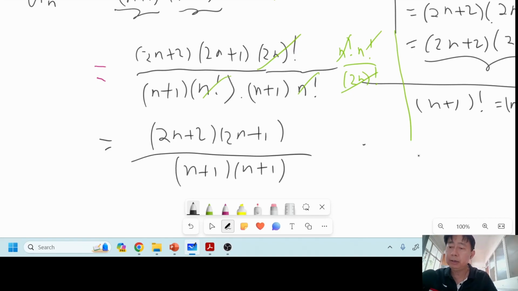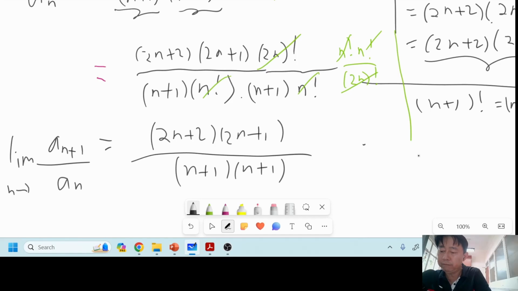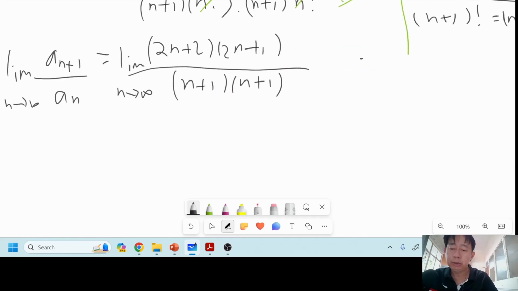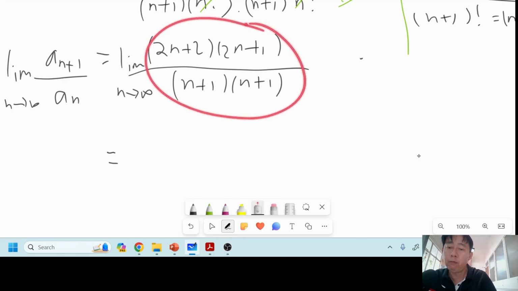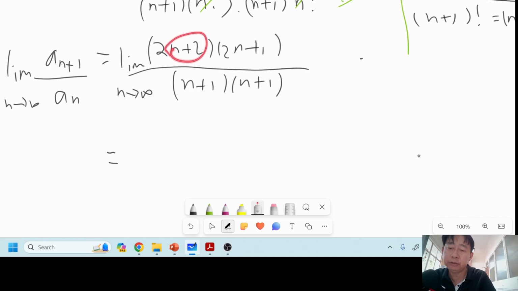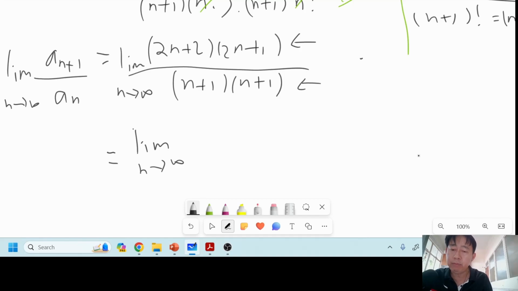Now you can take the limit of this ratio for n goes to infinity. As usual, to take the limit of n going to infinity for this expression, you always try to cast the expressions in terms of 1 over n. Therefore, I'm going to pull out the factor of n from both the denominator and the numerator.